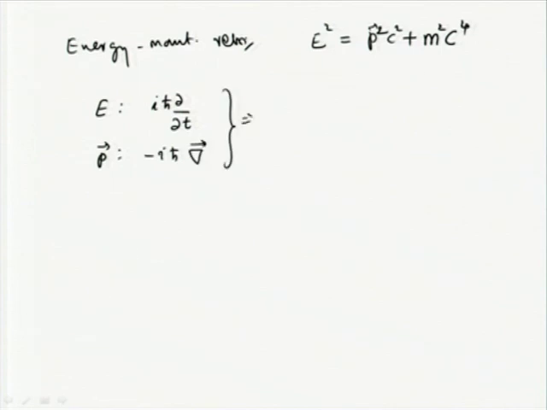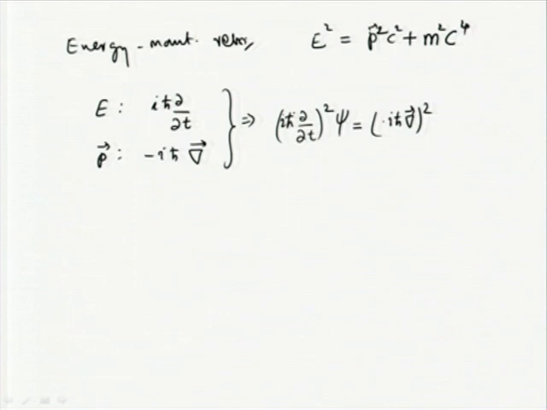So, this tells us that we can in the operator form write this as I h cross dou by dou t, squared, the energy operator acting on psi, equal to minus I h cross grad, squared, acting on psi, of course, there is a c there.